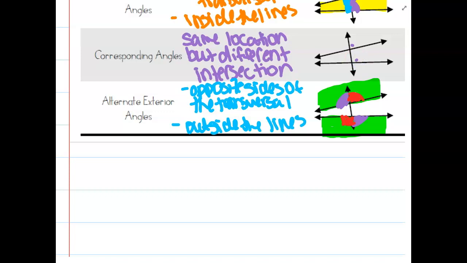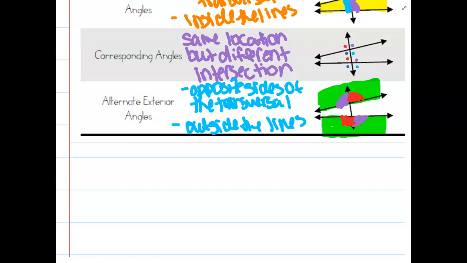Or I could talk about the angles at the top left, or the angles at the bottom left, or the angles at the bottom right. Maybe I should do dots instead of the colored in arcs from here on. But corresponding angles: same location, different intersection. Corresponding angles. Questions on any of this?